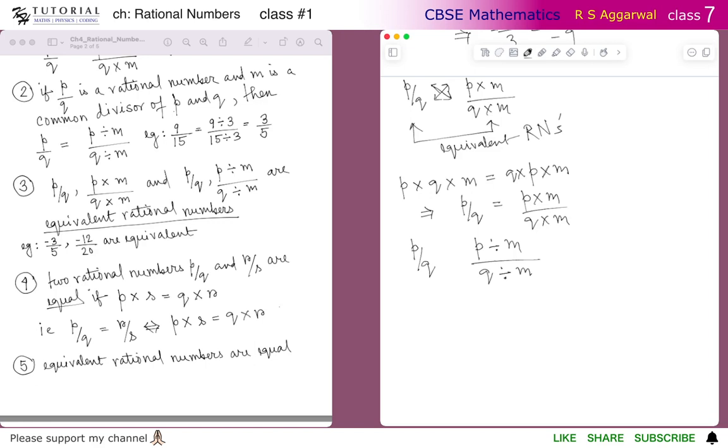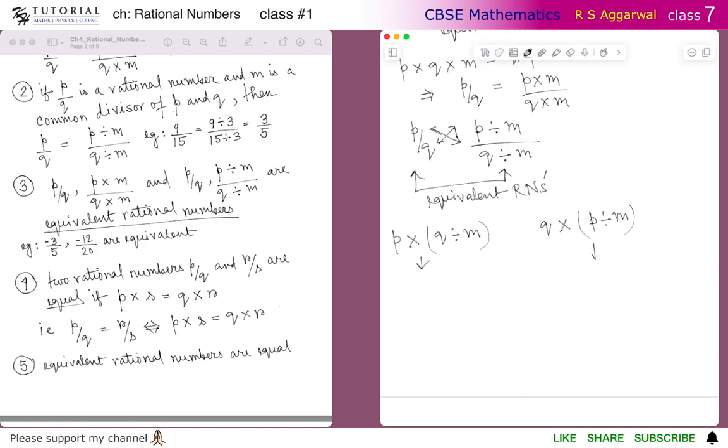These two are definitely equivalent rational numbers. Now to check if they are equal or not, we do cross product, and we see that p multiplied by q divided by m, and the other product is q multiplied by p divided by m.